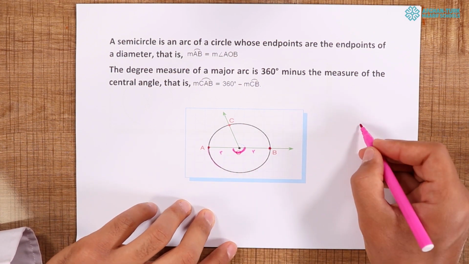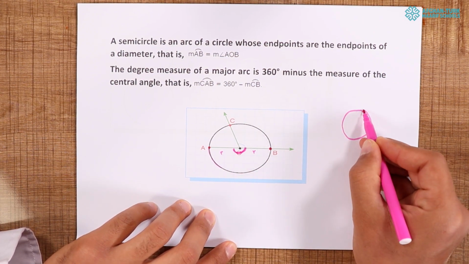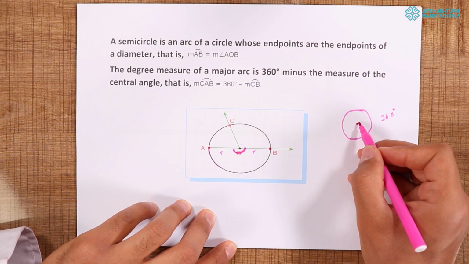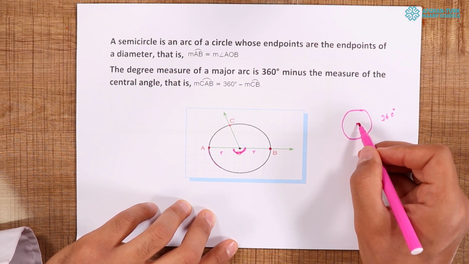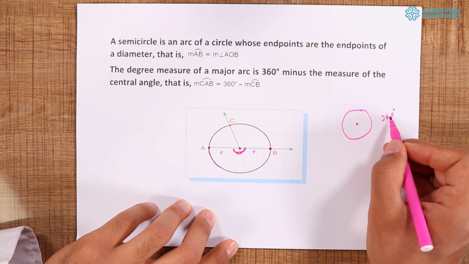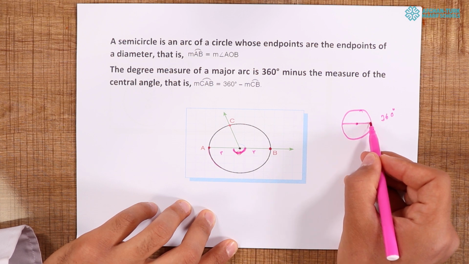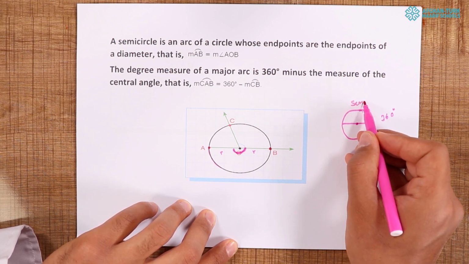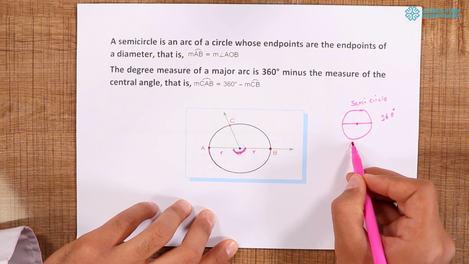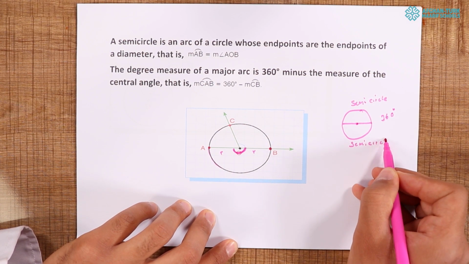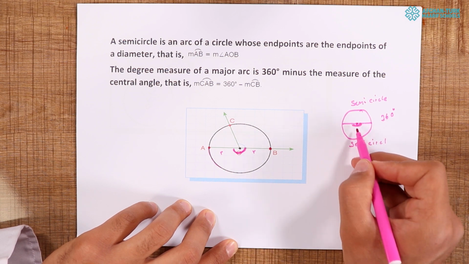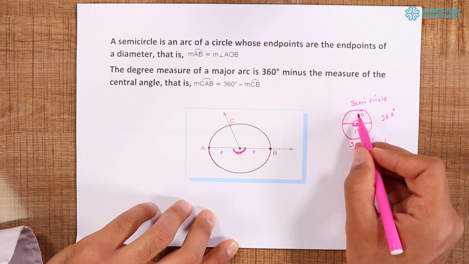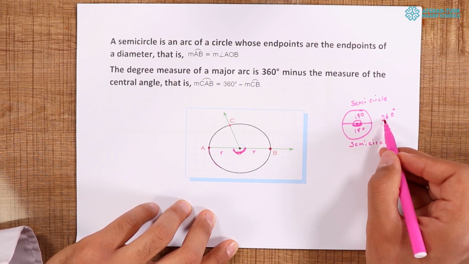We have said that a circle's degree is 360 degrees. It means if we have a center, the degrees around this point is 360. And if we divide the circle into 2, they are semicircles. This is a semicircle, and this is another semicircle, each 180 degrees, and the addition of these 2 is 360.